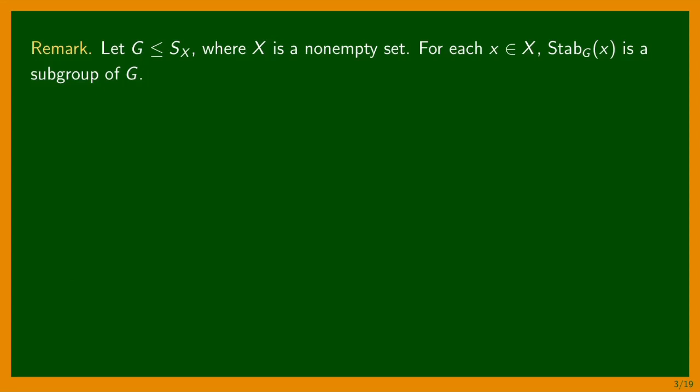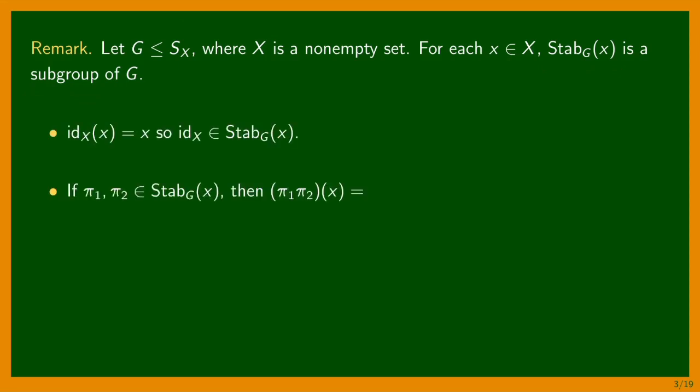It turned out that the stabilizer of x in G is not just a subset of G. It's indeed a subgroup of G. To see why, no? Una sa lahat, yung identity function, of course, fixes x. So, the identity function on X is in the stabilizer of x.